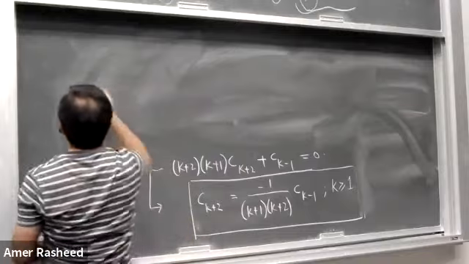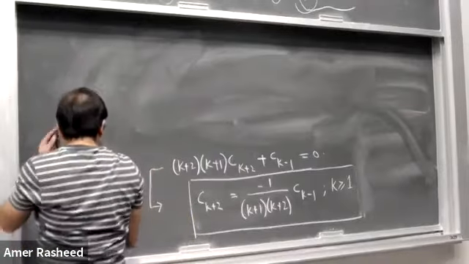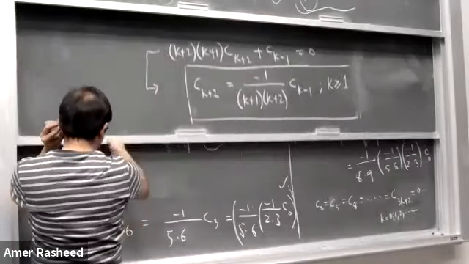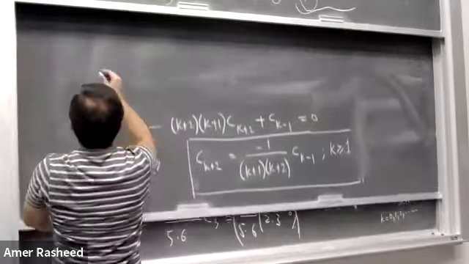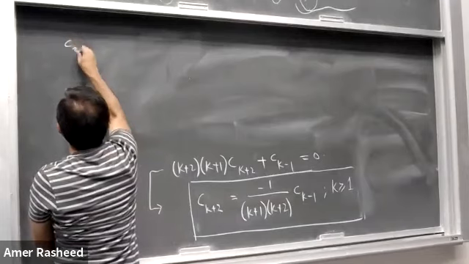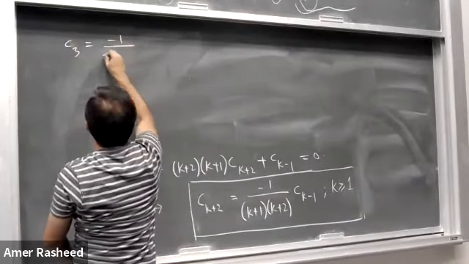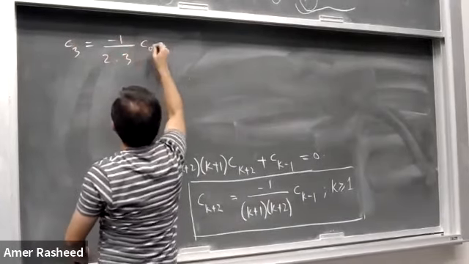Okay, now the first coefficient was what? C3, let me tell you how to generalize them. C3 is -1/(2 times 3) C0.